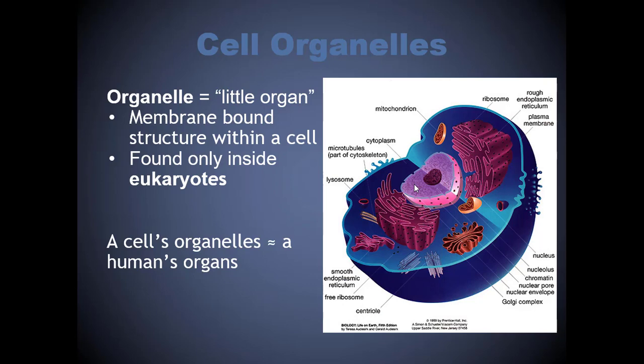Then we say that they do not have a membrane-bound nucleus, and so on. So the organelles are limited in other cells apart from the eukaryotic cell. So a cell organelle is equivalent to the human's organs.